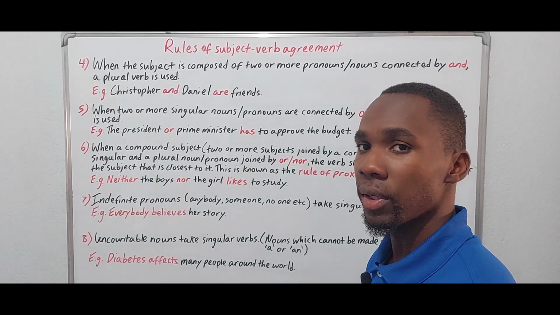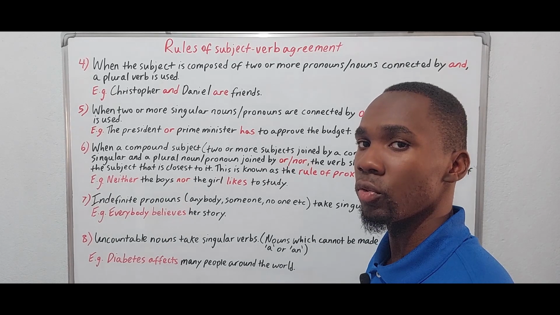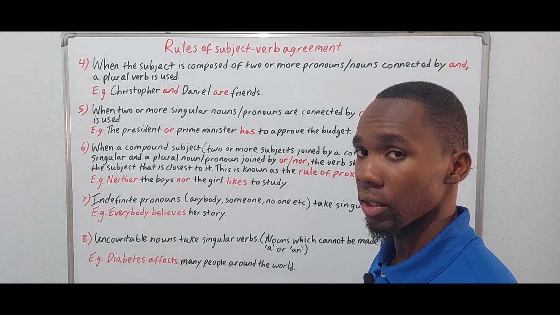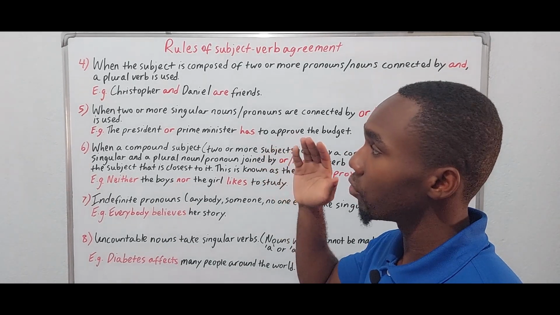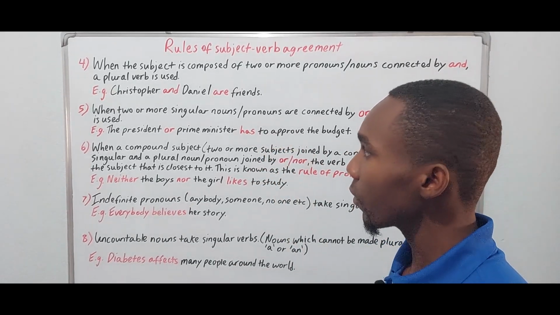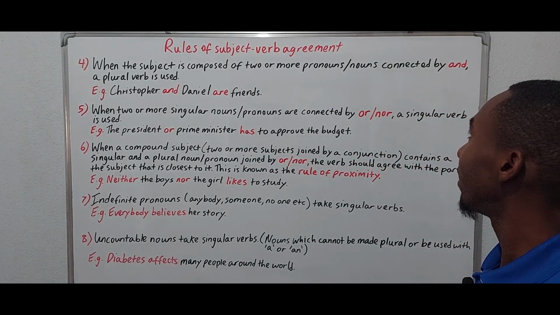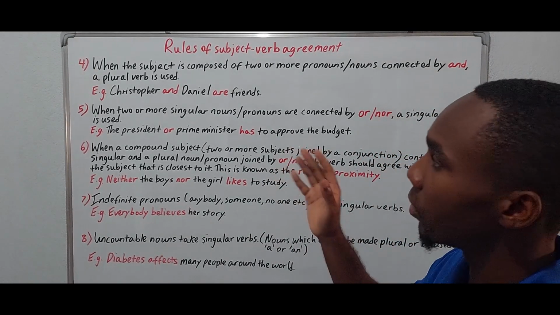So we continue our analysis of the various rules when it comes to subject-verb agreement in English. So we are at rule number 4. When the subject is composed of 2 or more pronouns or nouns connected by and, a plural verb is used.